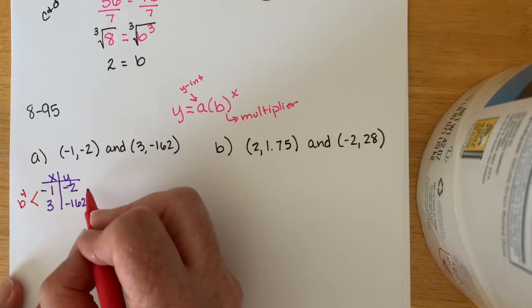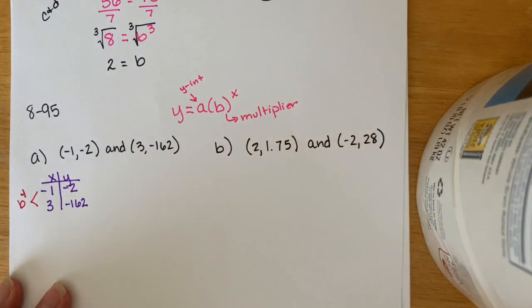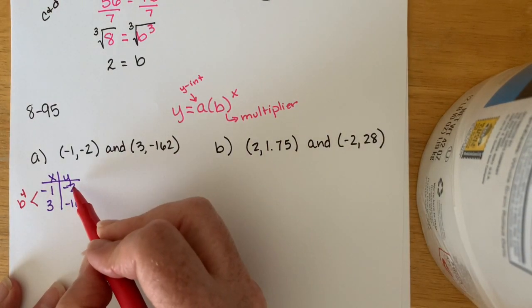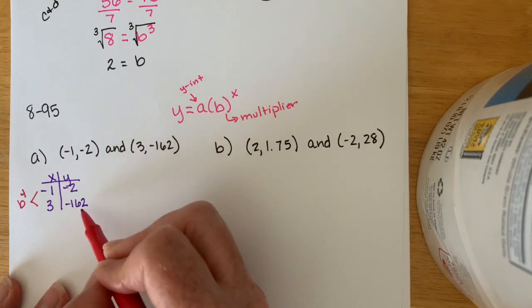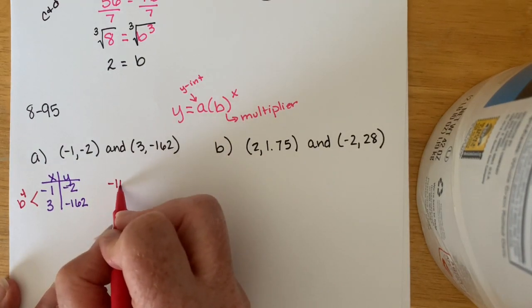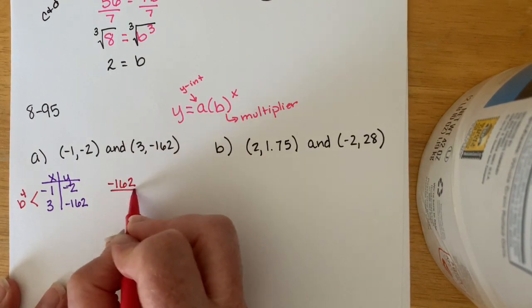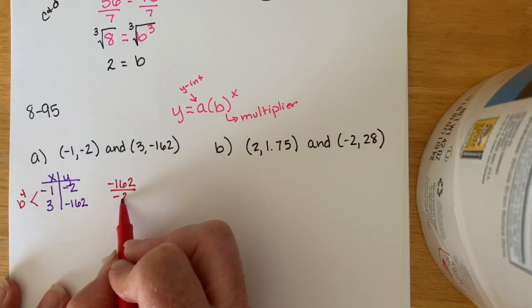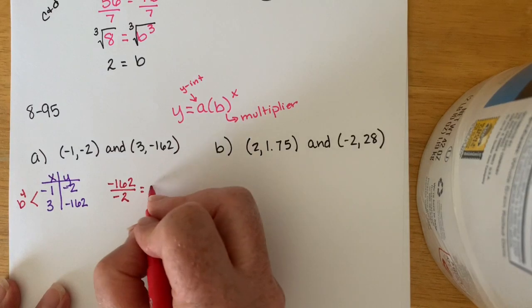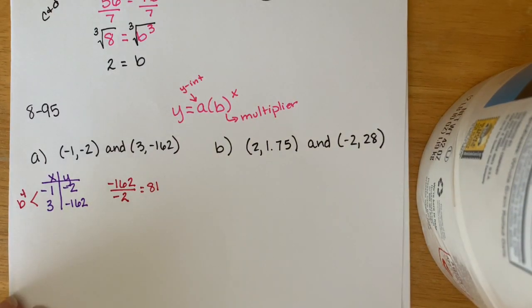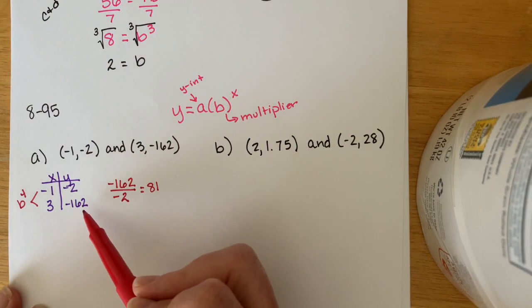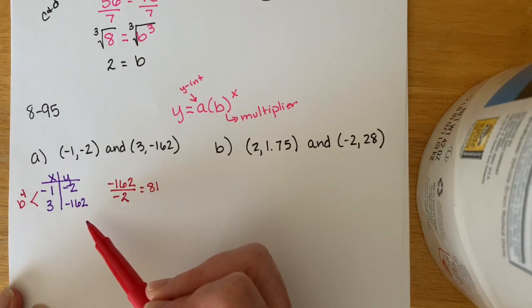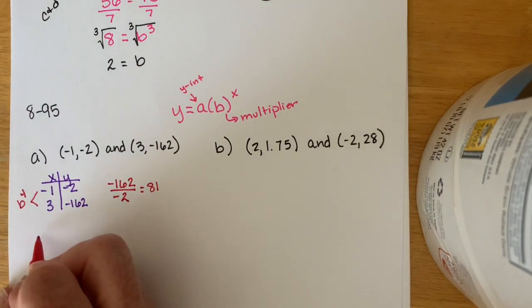And then I want to figure out, what is the multiplier used? In order to find the multiplier, I'm going to take that -162, the newest value I have, and divide it by the oldest value that I have. That turns out to be 81. That means that 162 is 81 times bigger than 2.